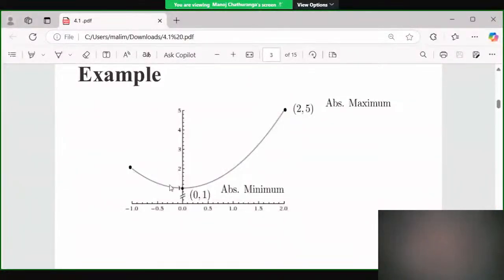And if you look at this other endpoint, (-1, 2), that is also a sort of maximum point. If you think about a small region around this point, around the graph, this is sort of a maximum, but not the absolute maximum.